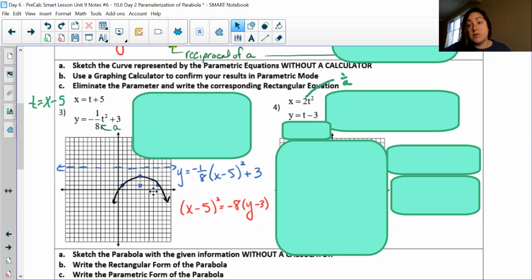or conic equation of a parabola. If we did it that way, then we know from the equation that our h and our k are going to be 5 and 3, so I know right off the bat that I have (5, 3).